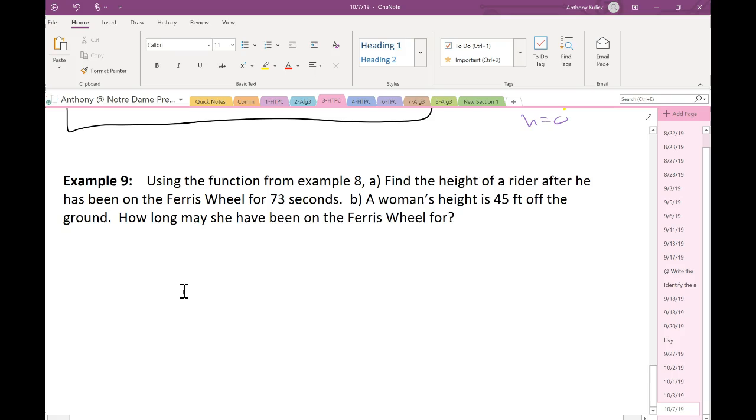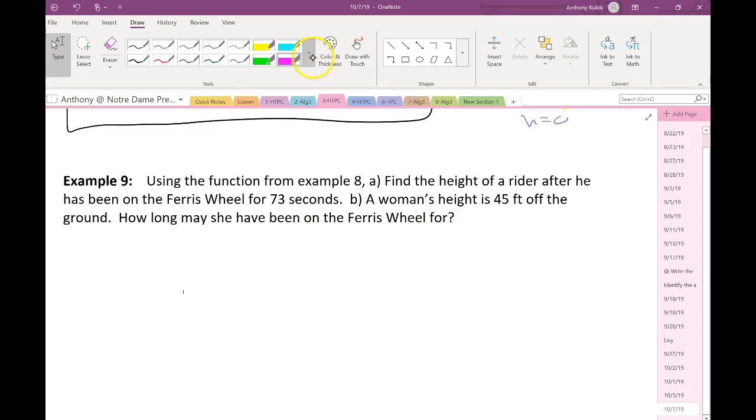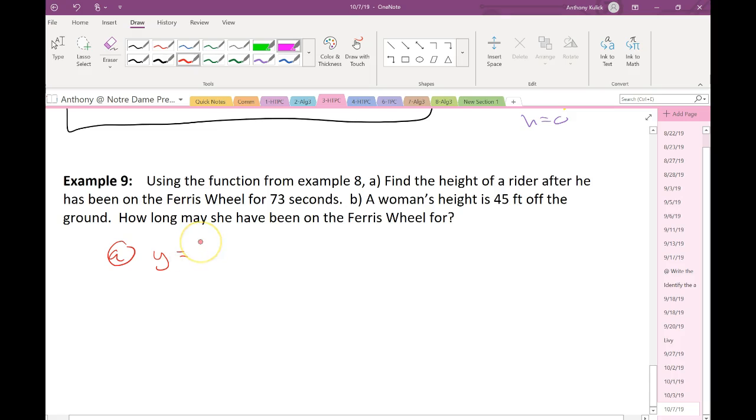So using our function from above, we're going to start by finding the height of the rider after they've been on the Ferris wheel for 73 seconds. What am I going to do with that? Plug 73 in for x.